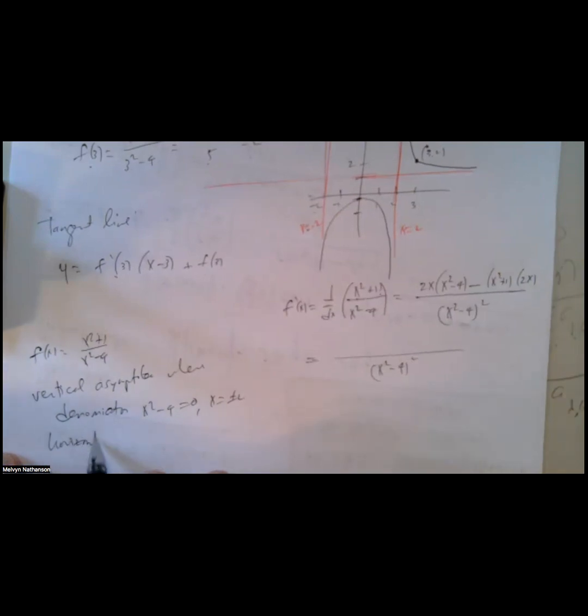And we have a horizontal asymptote. That means what happens as x goes to infinity for this function f of x. When you have a rational function where the numerator and denominator have the same degree, the limit as x goes to plus or minus infinity is just the ratio of the coefficients of the leading terms. 1 over 1 is 1.